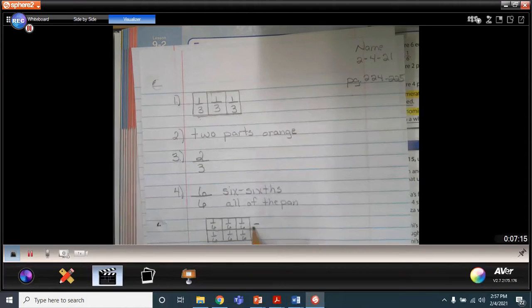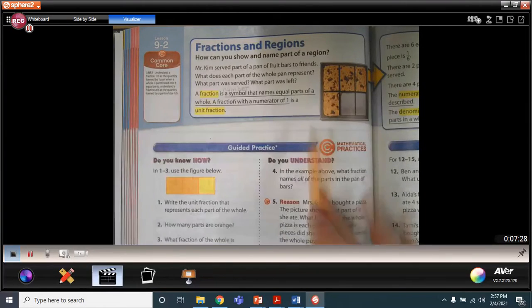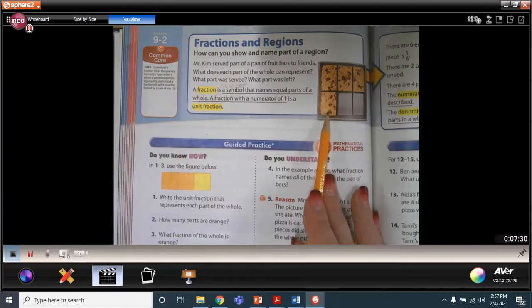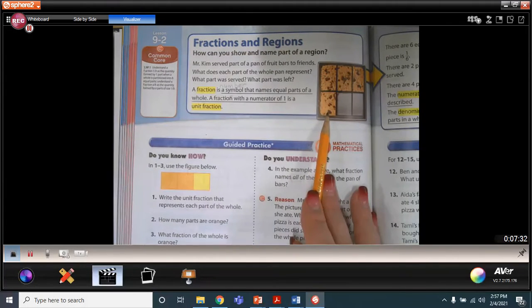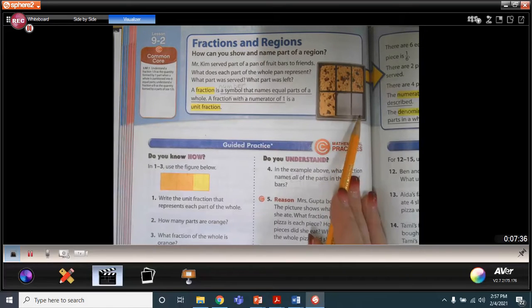Now, when I put them all together, that tells me I have 6/6, all of them. Now, when somebody ate 2 of them, that left me with 4/6 of my fruit bars left. And 2/6 of them were eaten.